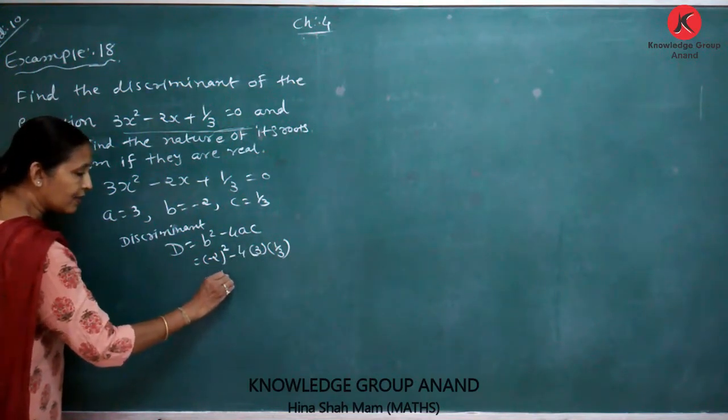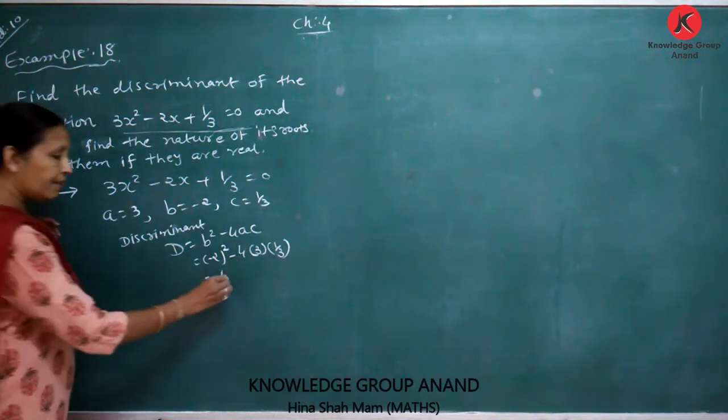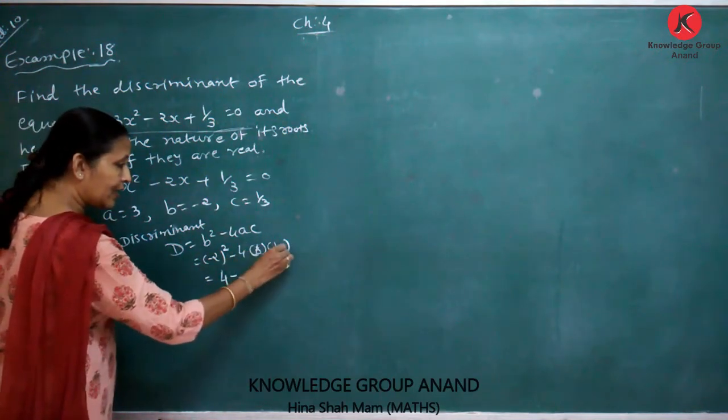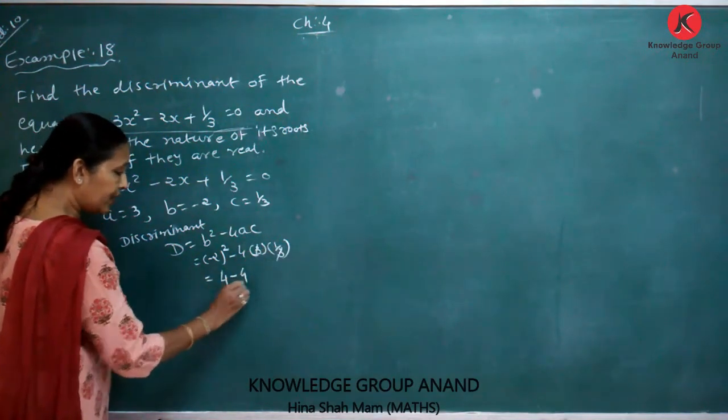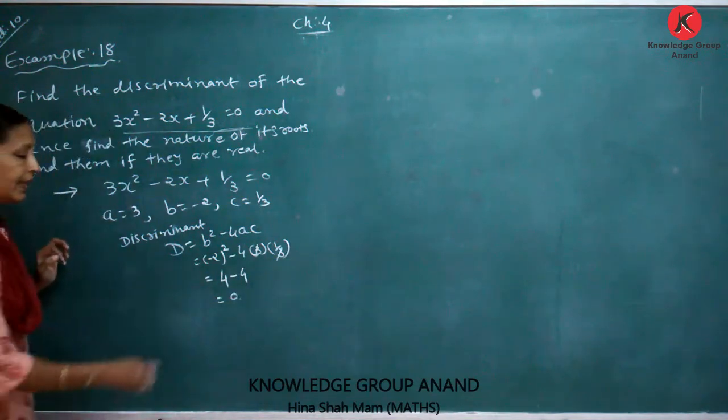(−2)² is 4, minus 4, so 3 cut 4, 1s are 4, equals 0.